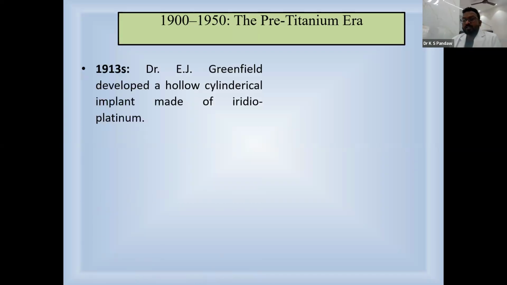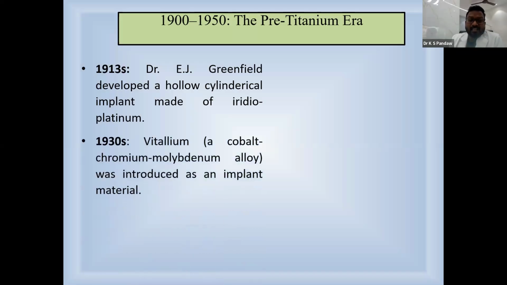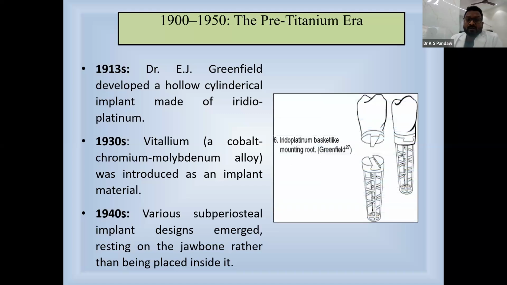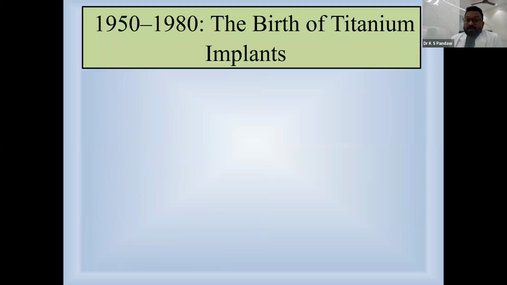In this era, we tried many metals like iridoplatinum, vitallium, and other metals for dental implants. In 1913, Dr. E.J. Greenfield developed a hollow cylindrical implant made of iridoplatinum, but it failed because it was not accepted by the body. The major revolution came in 1950, which is called the birth of titanium implants.